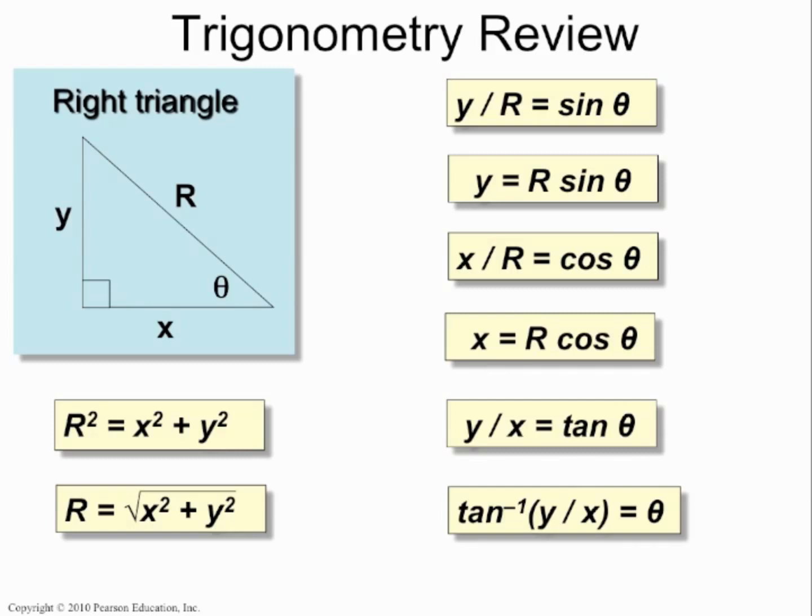In other words, that whole tan minus 1 y over x, that whole thing on the left side of the bottom right corollary, can be read as the angle whose tangent is y over x. The angle whose tangent is y over x is theta.